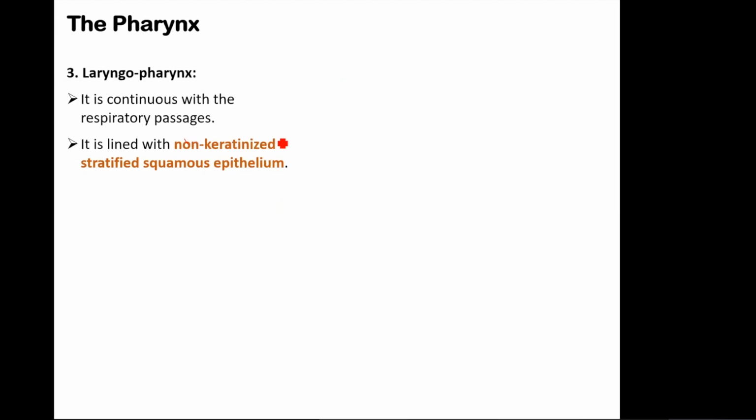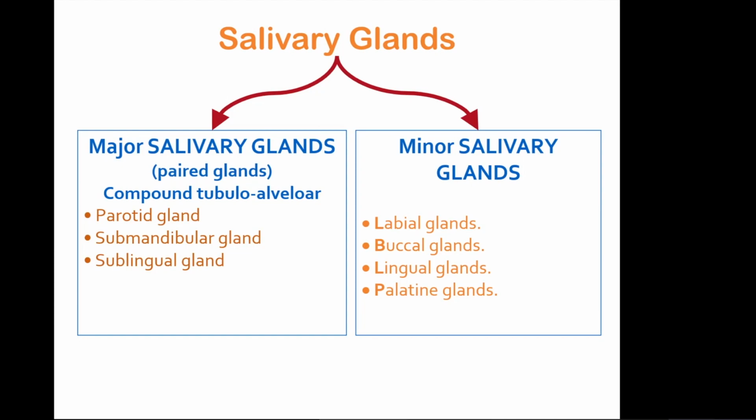Well, the laryngopharynx is similar to the oropharynx, not that much difference. And now, most importantly, we finished the oral cavity, but let us shift to the other structures that empty their secretions there.